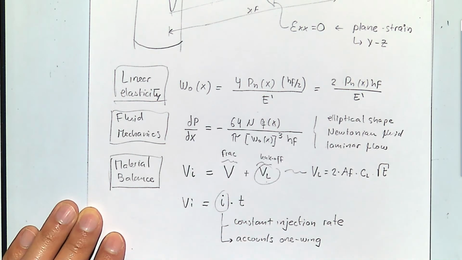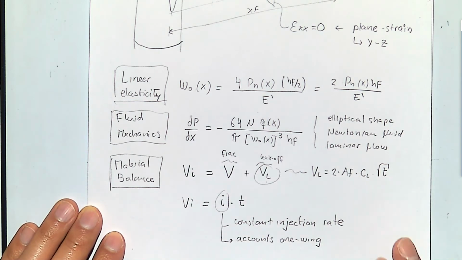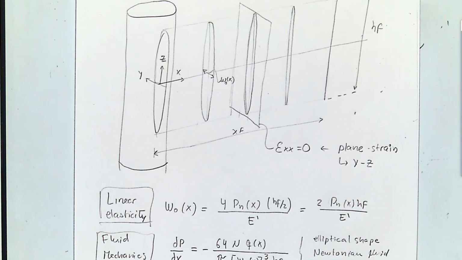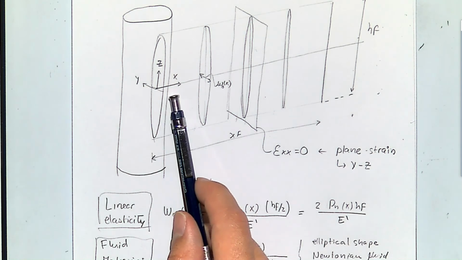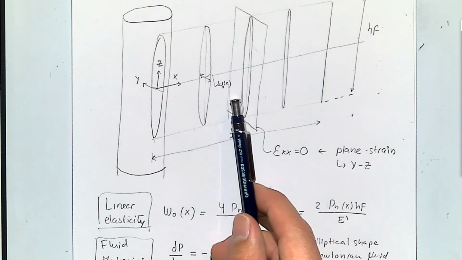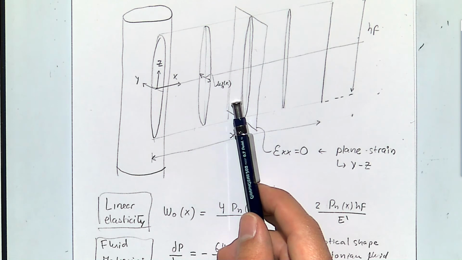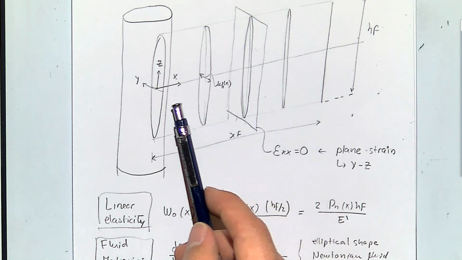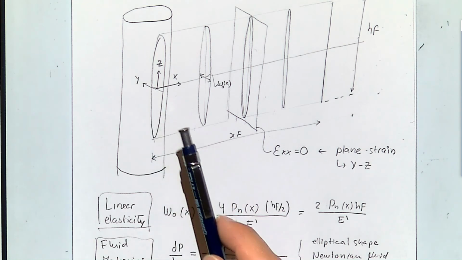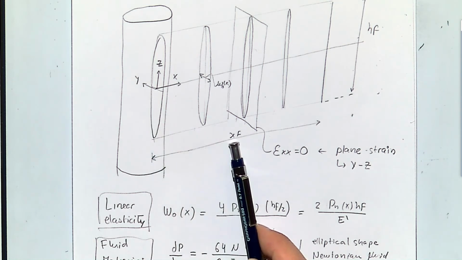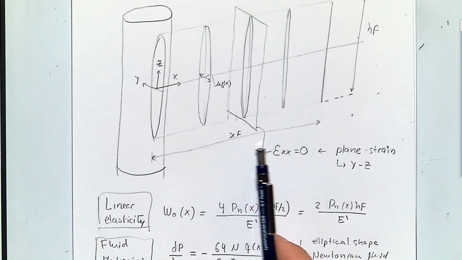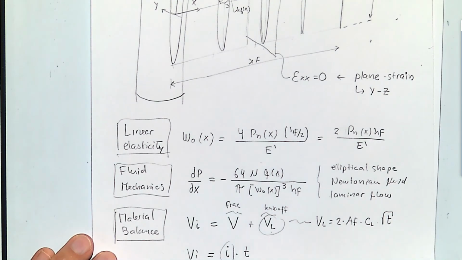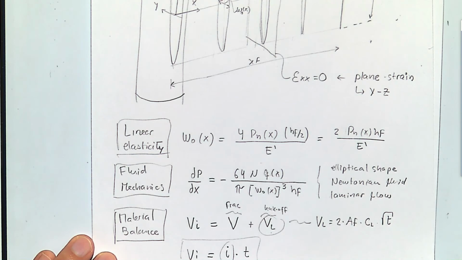With all these equations, you can tell now what is going to be the value of the pressure as a function of x, the width as a function of x, and therefore what is going to be the pressure in the wellbore, the fracture length, and the width of the fracture as a function of time, because now we have a time variable.